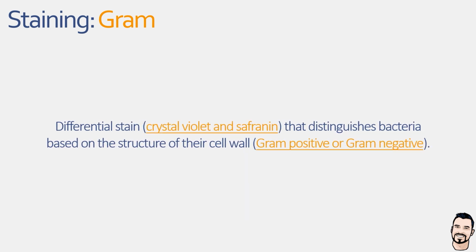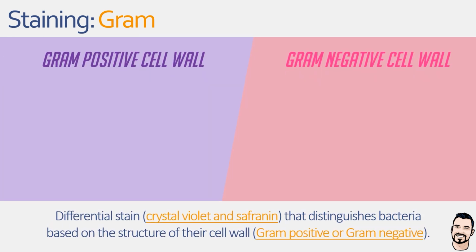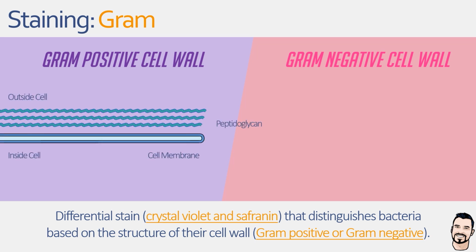Now because it's a differential stain, we use two different dyes applied in a specific sequence to highlight these structural differences, and these are crystal violet and safranin, which work together to differentiate Gram-positive from Gram-negative bacteria based on their cell wall structure. Now as a slight recap, the Gram stain highlights differences in cell wall structure between Gram-positive and Gram-negative bacteria. Gram-positive bacteria have this thick peptidoglycan layer and only one cell membrane.